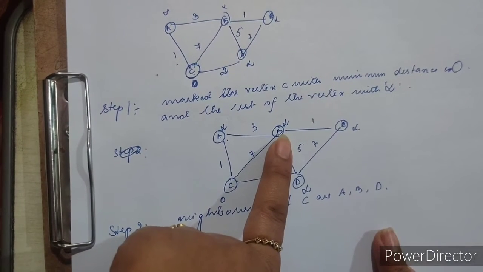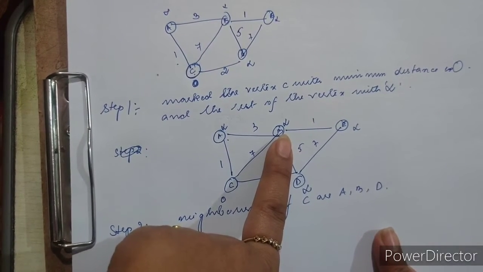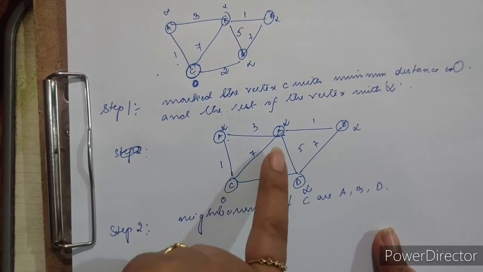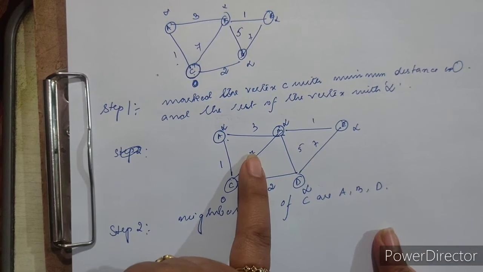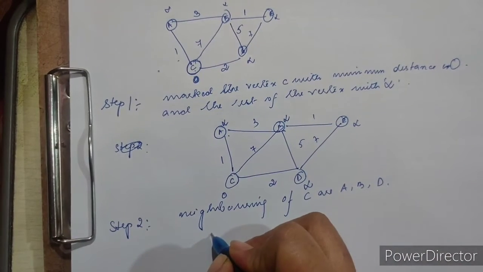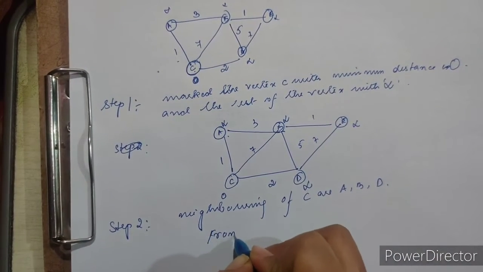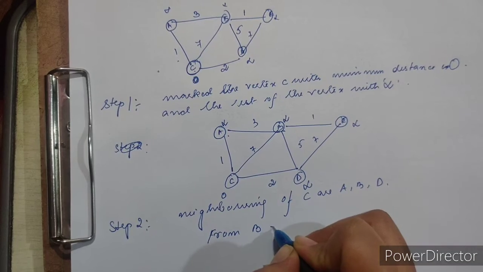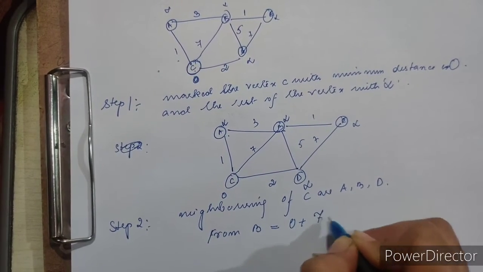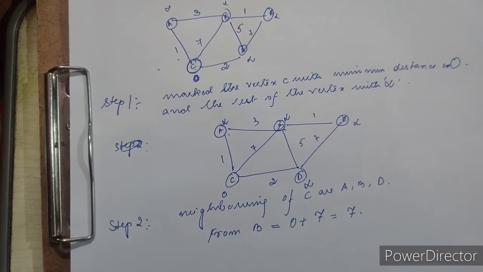Let's start with B. Here we will add the minimum distance of the current node, 0, with the weight of the edge that links node C to node B, that is 7. So from B, we get 0 plus 7, and we get 7.